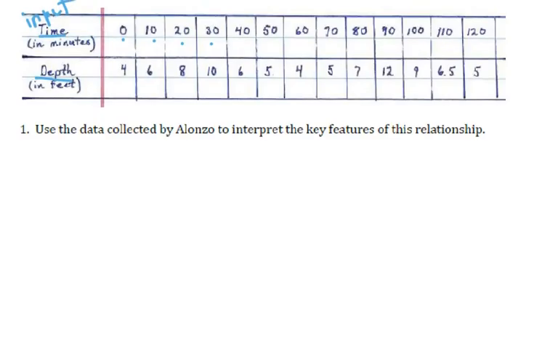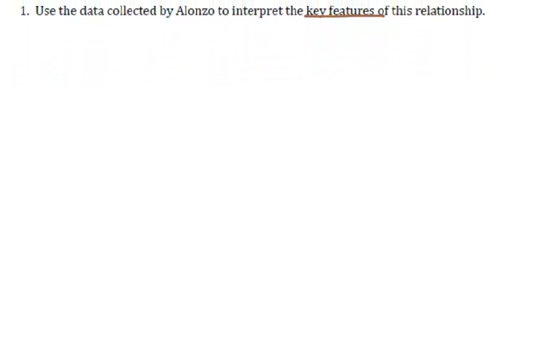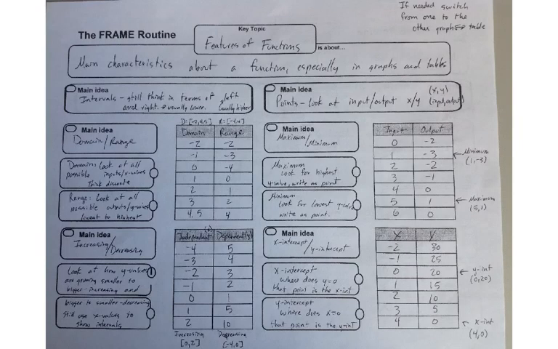So what we want to do here is use the data collected by Alonzo to interpret the key features of this relationship. What does that mean? It comes down to these ideas, from the frame Features of Functions, which has a video that goes over it.